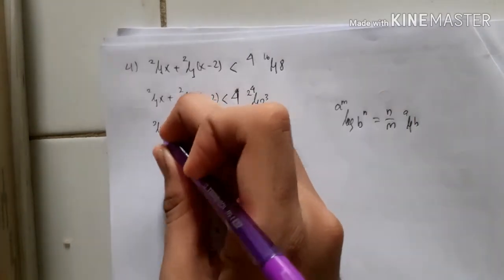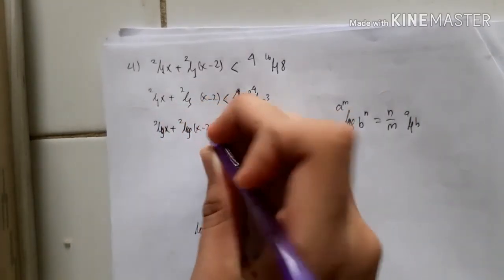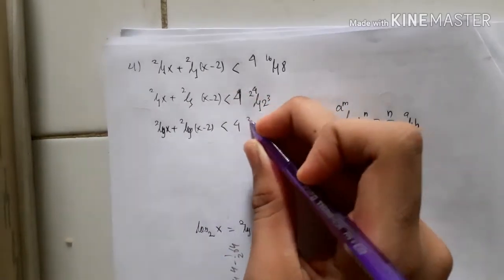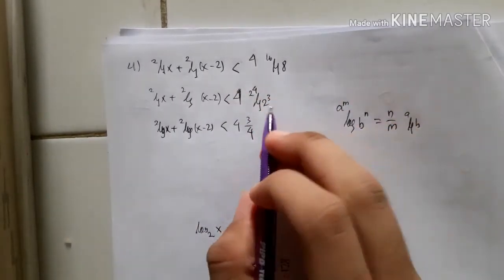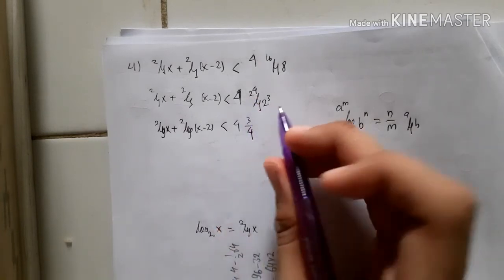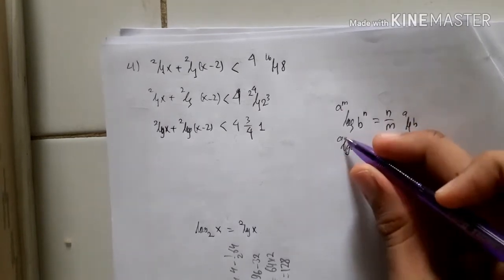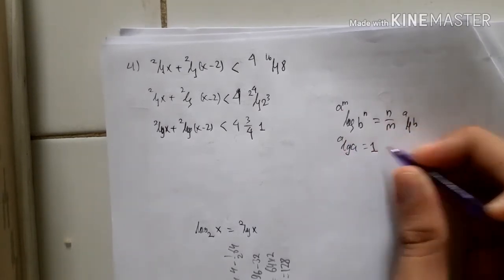So if we apply that, there is 3 over 4, and the base 2 logarithm of 2 is 1. Remember another identity of the logarithm: a logarithm a is 1, whatever it is.